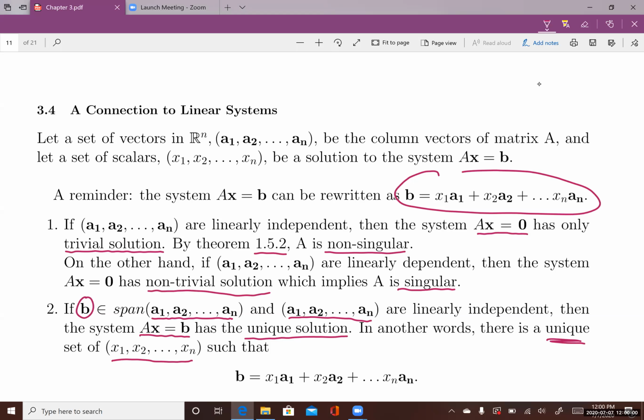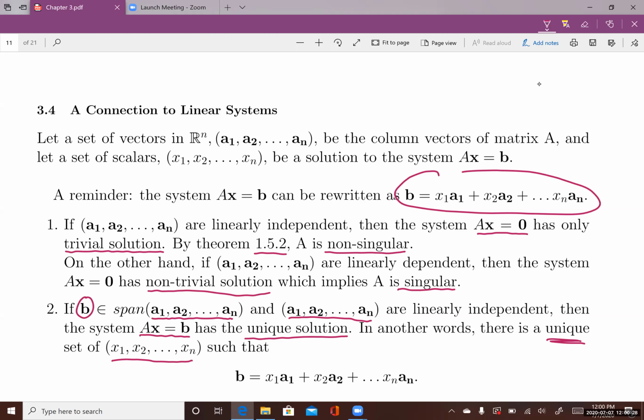Again, we look at a set of vectors in terms of linear independence and make a connection between a set of linearly independent vectors and a homogeneous system. If a set of vectors is linearly independent, then the system Ax equals 0 has only the trivial solution.